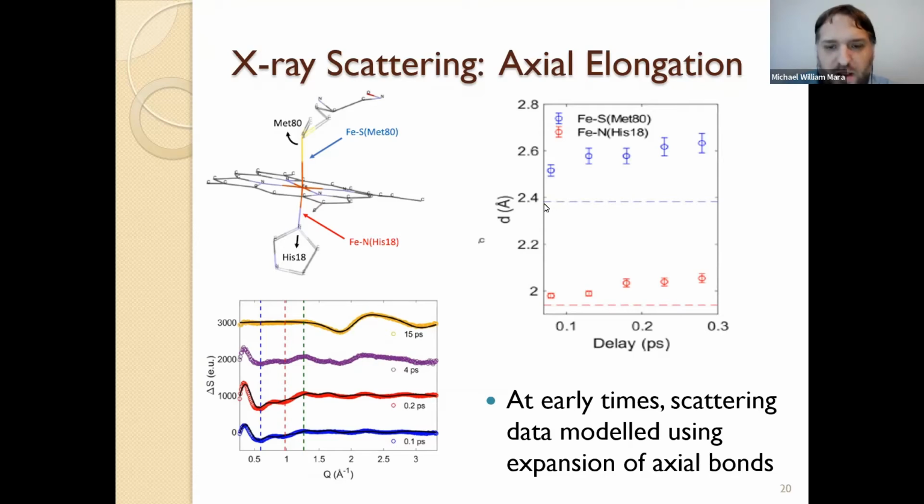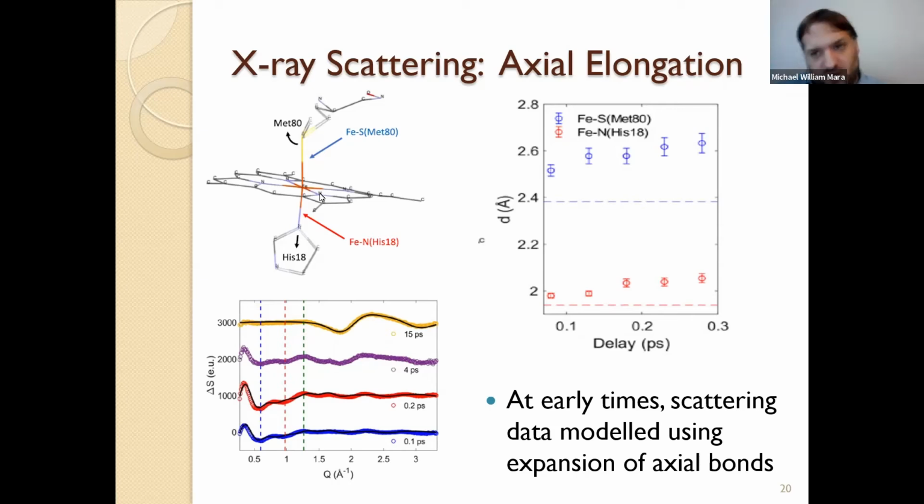You start at just below 2.4 angstroms for the methionine, and that expands out past 2.6 angstroms in the first couple hundred femtoseconds. Alternatively, you also get the expansion in the iron histidine bond length at very early times. So the data can be effectively modeled with only axial distortions without having to include any equatorial expansion.